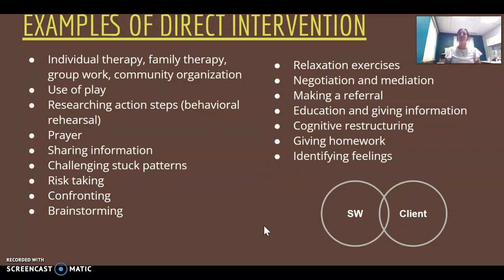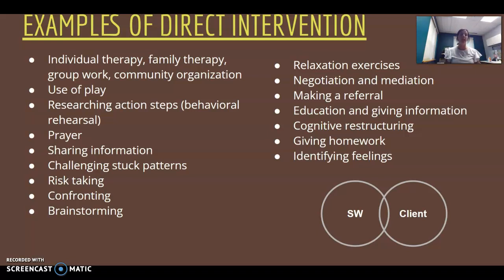All right, so examples of direct intervention. It could be any type of therapy. Therapy in itself is an intervention that you do other interventions within. Play is a great intervention. You do it a lot with children. Researching action steps.